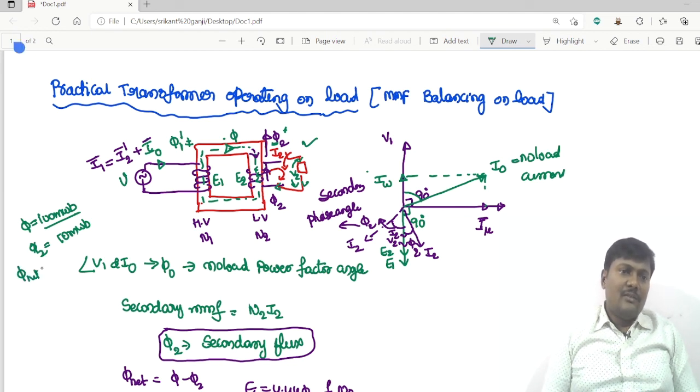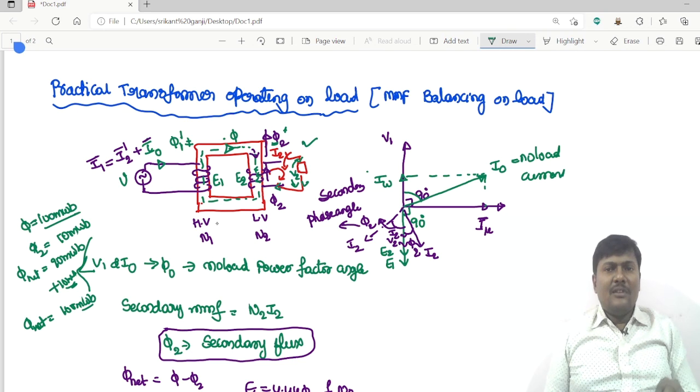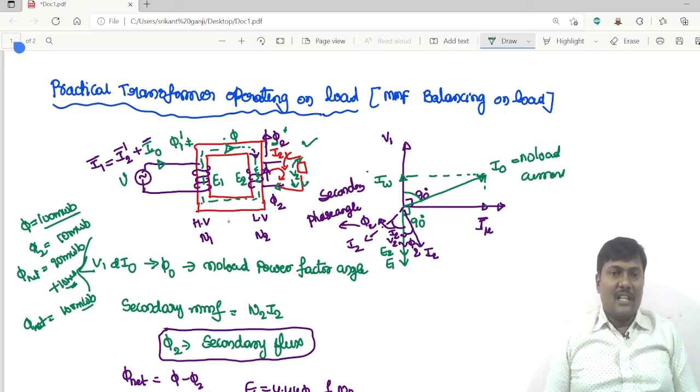Now the net flux will be 90 milliweber because it draws the additional current, plus 10 milliweber will be added. Then the net flux in the transformer core is always 100 milliweber. Maybe 1 or 2% will change in the flux, but the flux in the transformer core is always constant. That's why the transformer is also called a constant flux device.